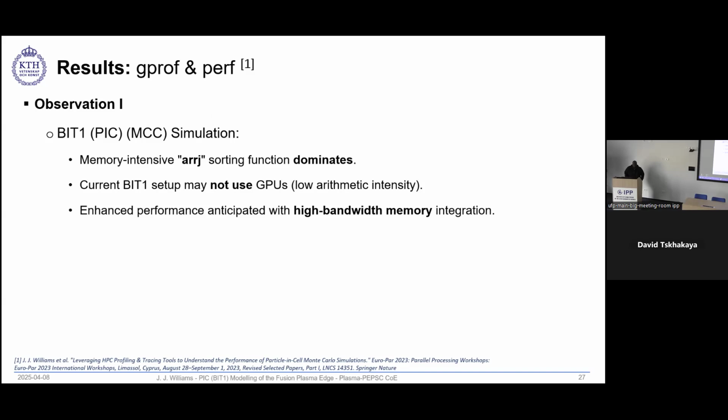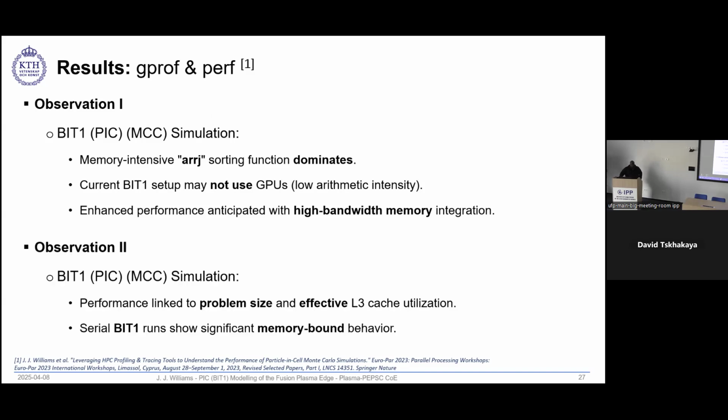The second observation was that the performance is linked to the problem size and effective use of level 3 cache utilization. And the serial BIT1, which Stefan presented earlier, shows significant memory-bound behavior.